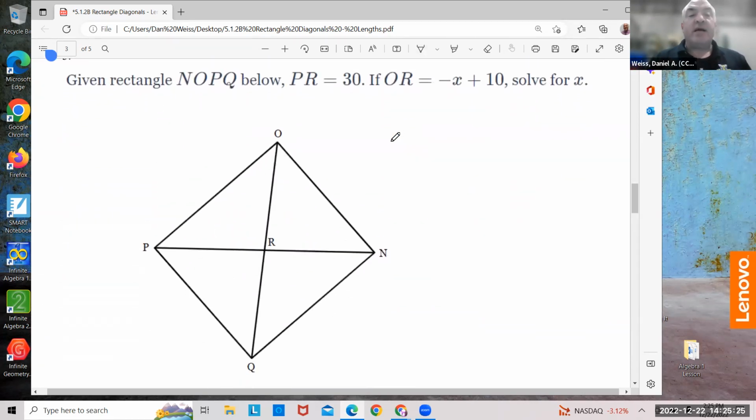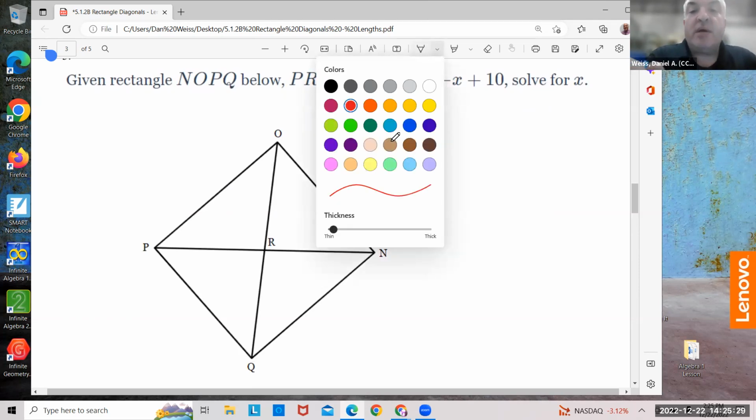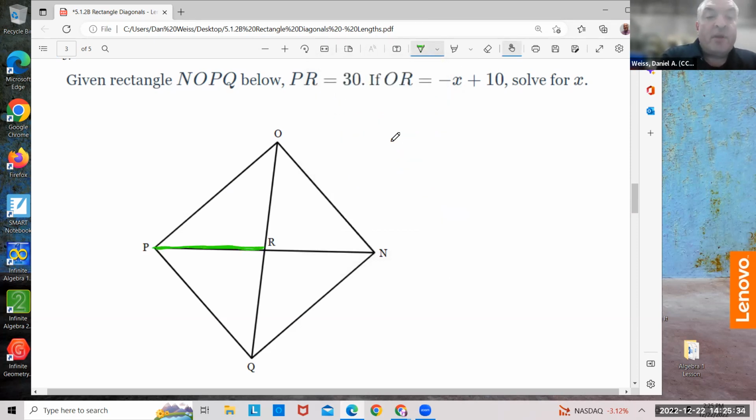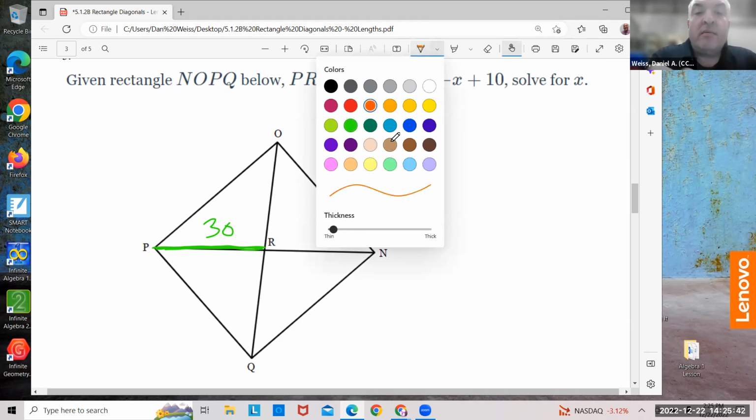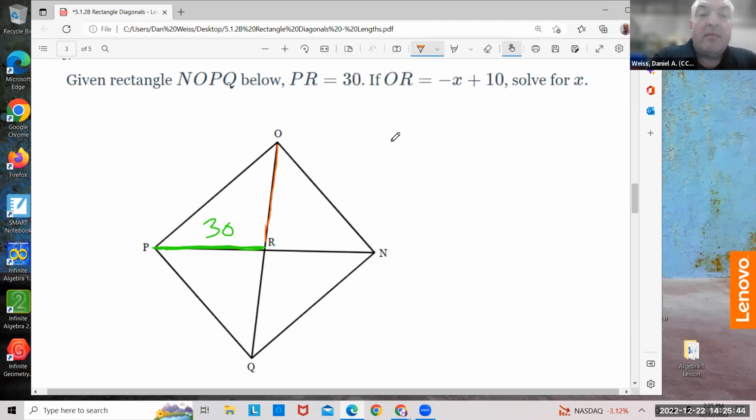Here we go. Rectangle NOPQ. PR is 30. Okay. Here's PR. PR is 30. OR. This is OR. OR is negative x plus 10.